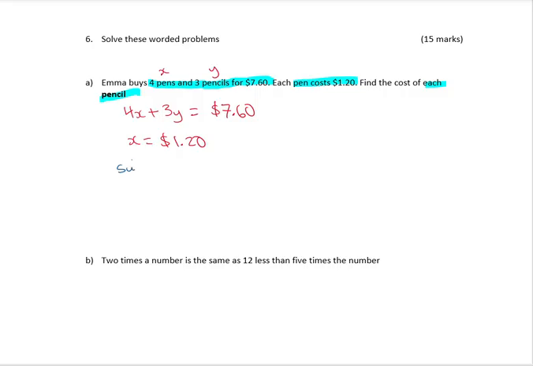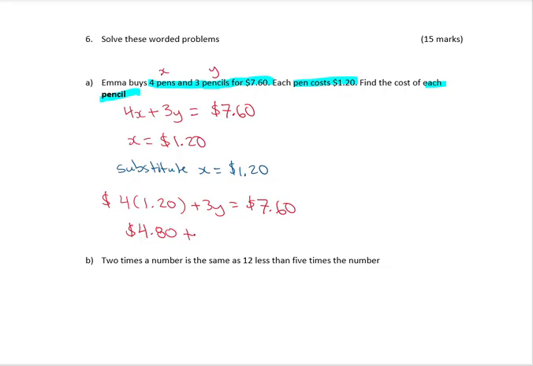So what I'm going to do is substitute x equals $1.20 into my formula. So that would mean 4 times 1.20 plus 3y equals $7.60. I'd get $4.80 plus 3y equals $7.60.